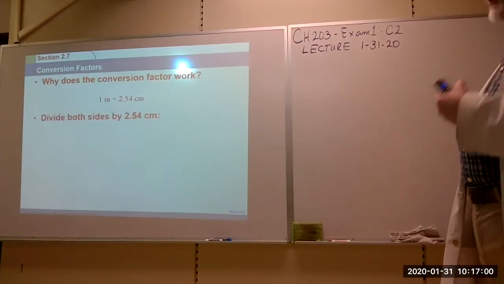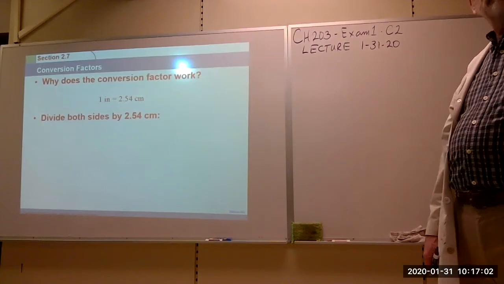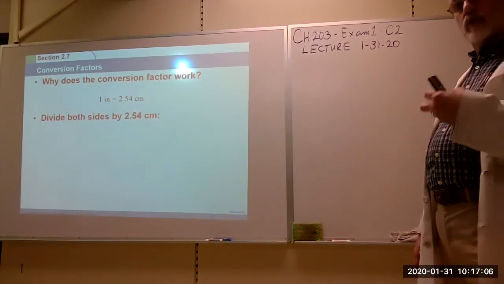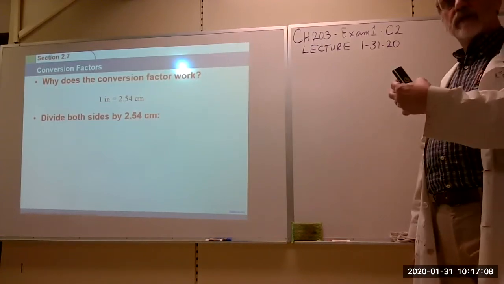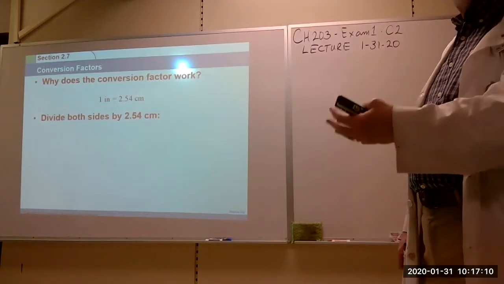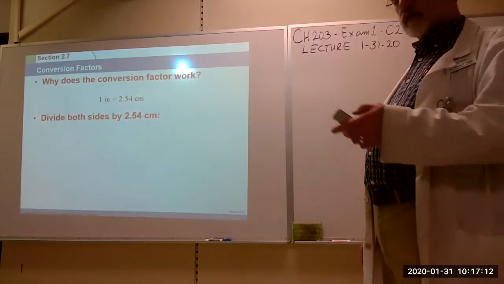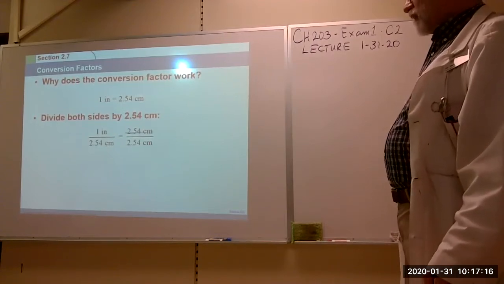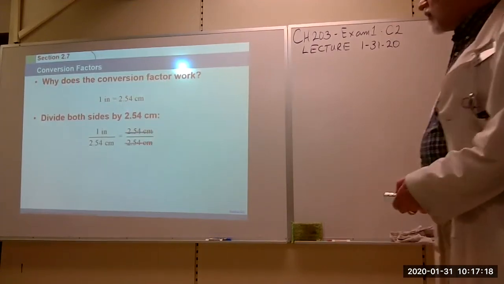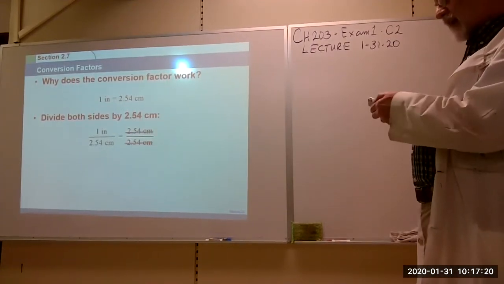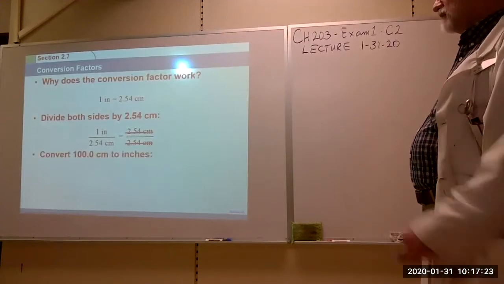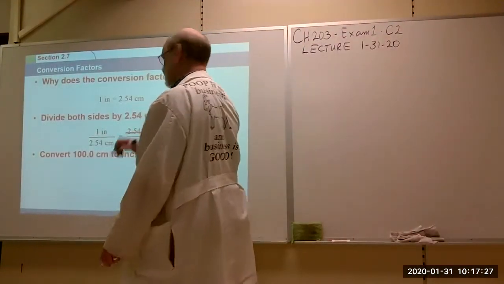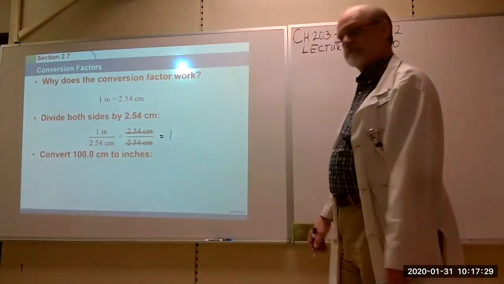What if we divide both sides by 2.54 centimeters? You can do that, can't you? In algebra, if you divide or multiply both sides by the same number, then it's a valid operation. So we're going to divide by 2.54. So these two cancel each other, and what does that equal? It's equal to 1, right?